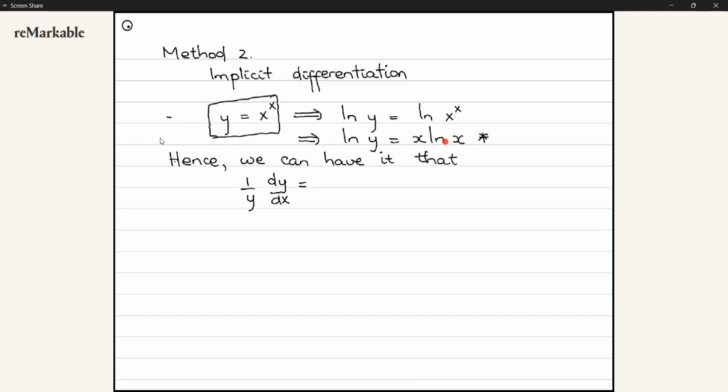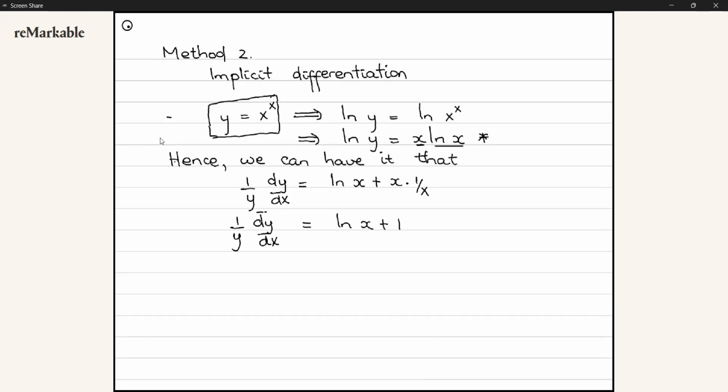How the product rule works is as done previously. I'll start by differentiating x with respect to x. I'll get 1, then times natural log of x. And then I'll differentiate natural log of x with respect to x. I get 1 over x, and what I get is the same expression as I had before. And that's 1 over y dy dx.